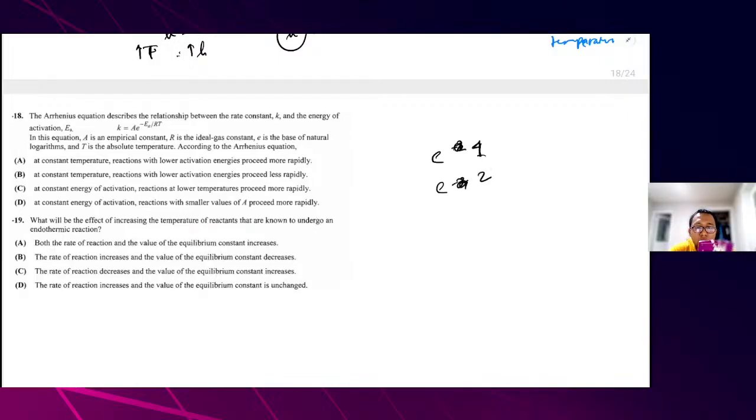If e to the 1, it will be 2.71, and if e to the 2, it will be about 7. So what we want to do here is increase the value of this part.